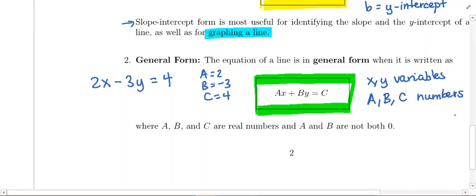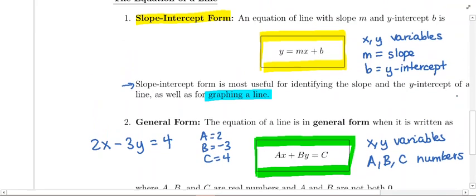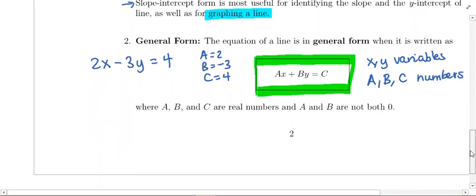You may be thinking, well, if I looked at slope-intercept form y equals mx plus b, the number in front of x is the slope. And that's true. In order to make that identification where the slope is the number in front of x, the line has to be in slope-intercept form. If the line is given in general form, the slope is not the number in front of x.